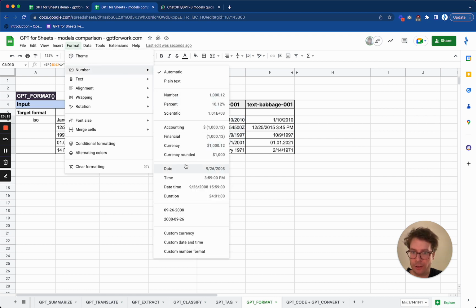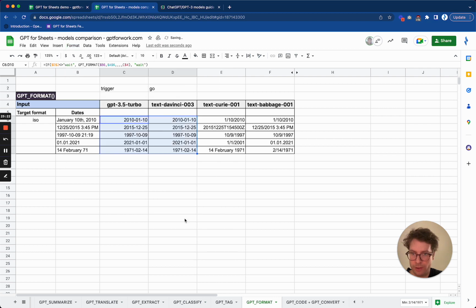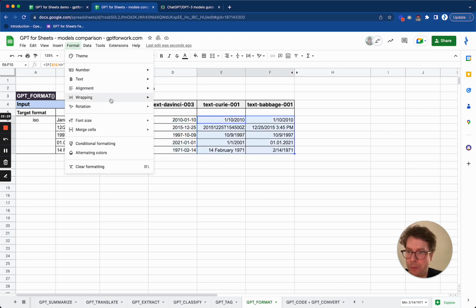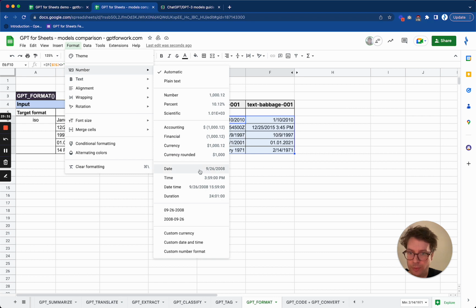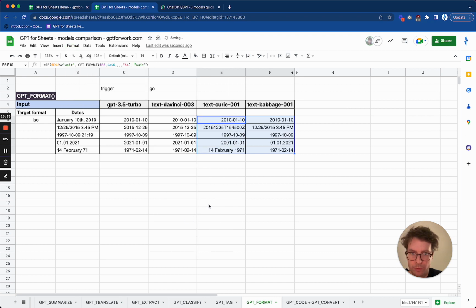If I want to change the format, I can just say like this, for instance, and then these are real dates. Whereas if I do this with those, we'll see some of them won't work. Yeah, you can see that this one did not work, this one either, and this one either. So to format, choose ChatGPT.